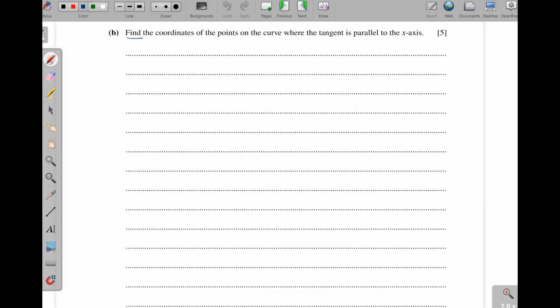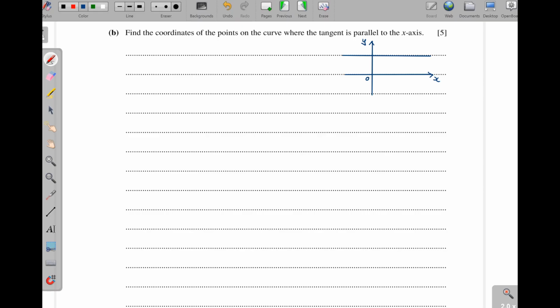Part B, find the coordinates of the points on the curve where the tangent is parallel to the x-axis. I've always done this kind of illustration, so let me repeat it here for you also. Suppose this is the x-axis, and then this is a line that is parallel to the x-axis. Okay, this is x, this is y.